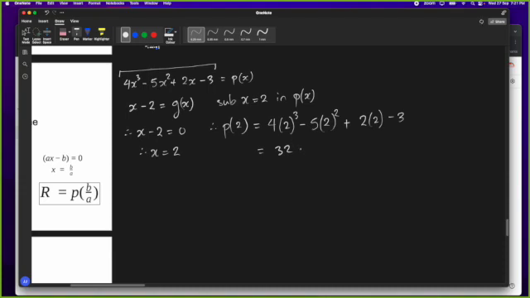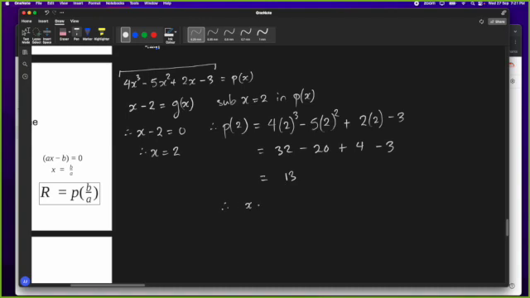5 4s are 20, plus 4 minus 3. So 32 minus 20 plus 4 minus 3 is equal to, what do you all get? Where did you get, Sarah? 13.